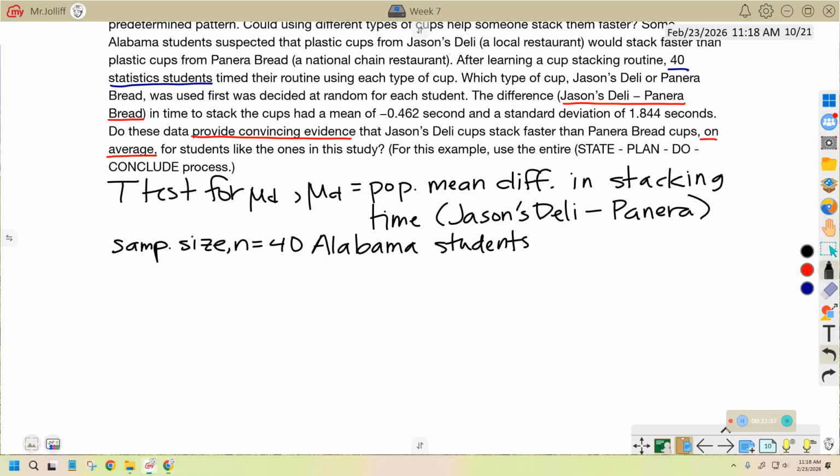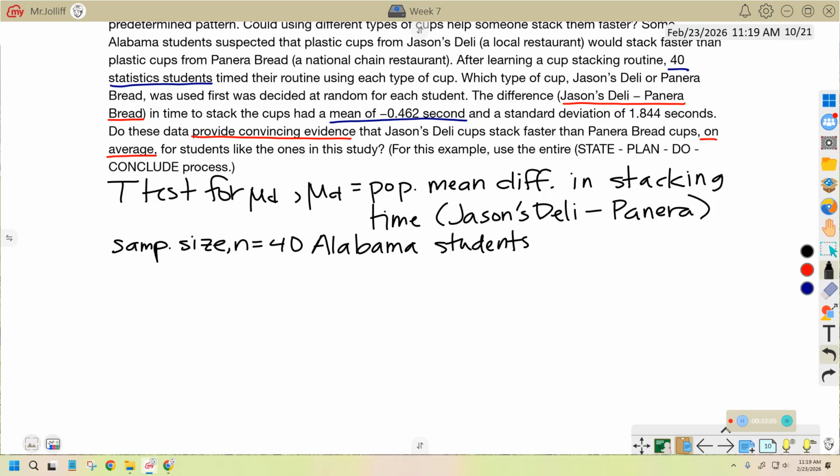If we keep picking through that problem, we see the difference in time to stack the cups had a mean of negative 0.462 seconds. What did they just give me? Sample or population? Sample, because it came after the description of what our sample looked like.